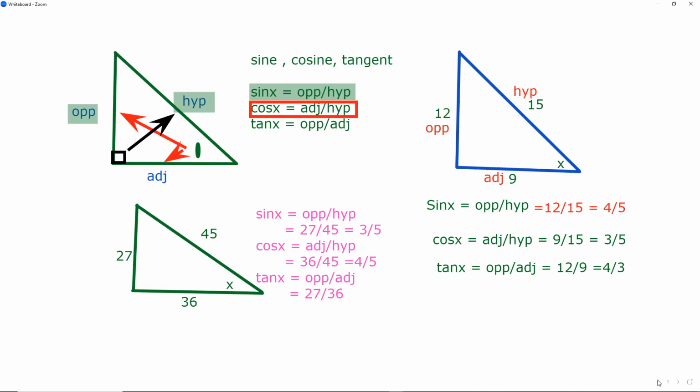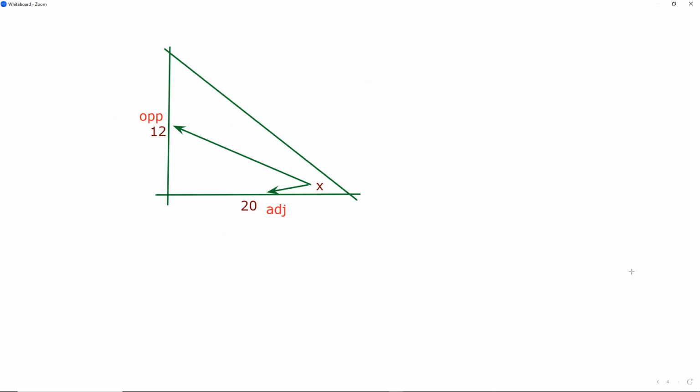So which one should we use? We go back and say, okay, well, opposite and adjacent means that we should use tan because tan is opposite over adjacent. So we go back here and we write tan of x will equal opposite over adjacent. And tan of x is equal to 12 over 20. Now we're going to isolate x.